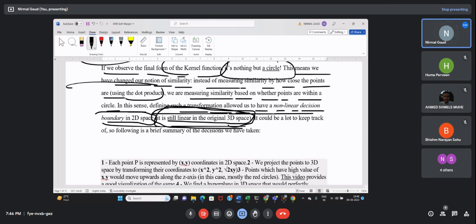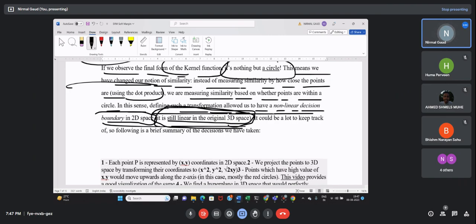In general, as per our prior discussion, if it is not linearly separable, then we need to do something else. We need to increase the dimension, and we need to shift the data points into that particular dimension. That's how it can be separated.